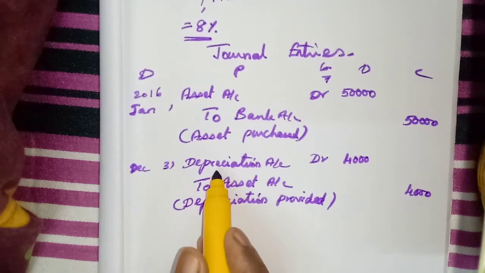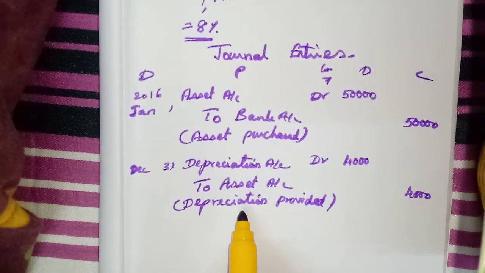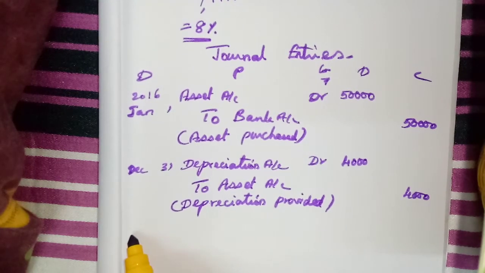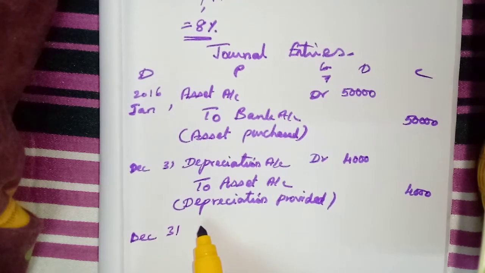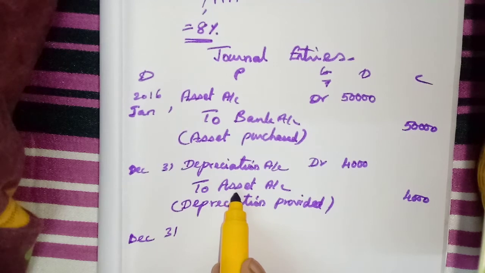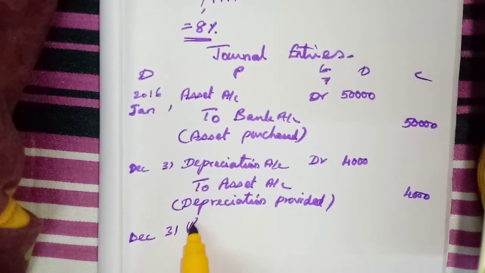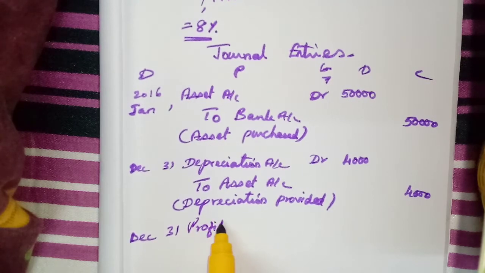Then on the same day we need to transfer this depreciation to the profit and loss account. The same year, same date. So depreciation should be transferred. Since it is a loss, we need to debit the profit and loss account.